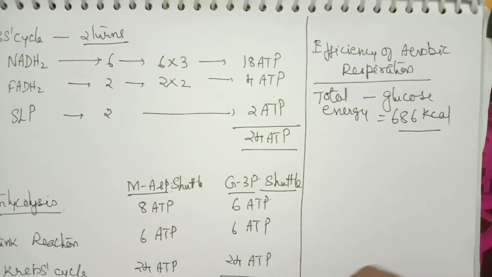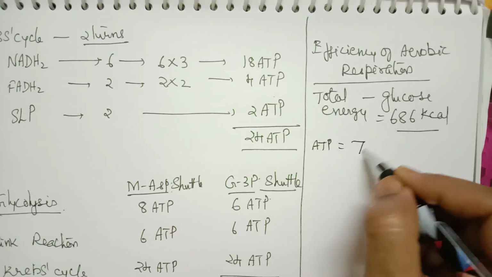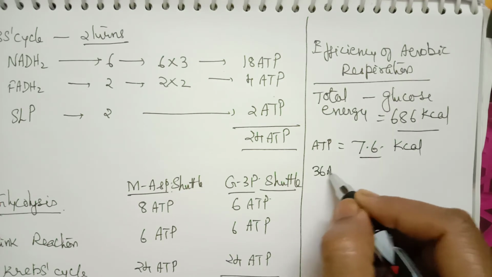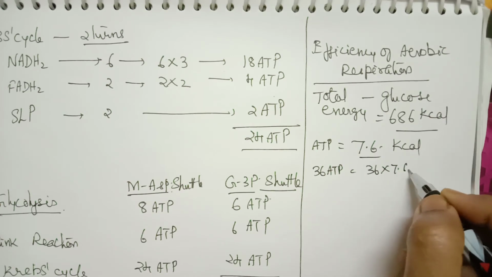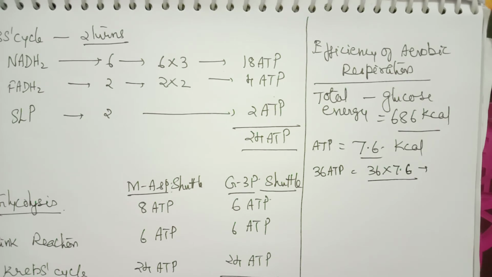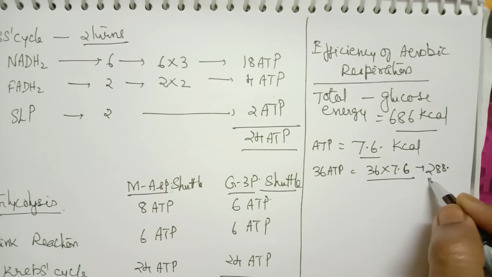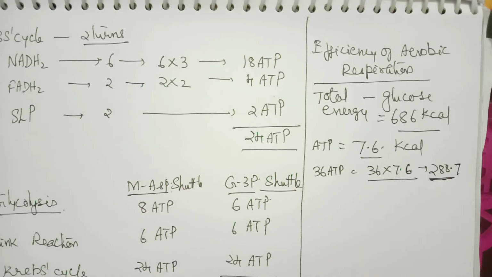Suppose we take the most common type, 36 ATP. 1 ATP is equal to 7.6 kilocalories of energy. So 36 ATP will give 36 into 7.6. This gives around 288.7.